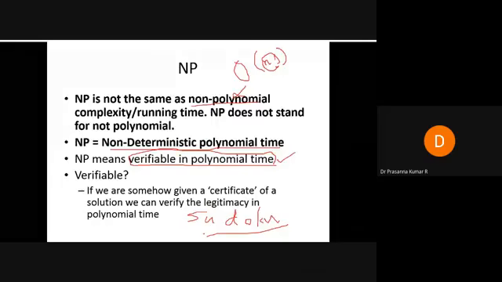So let's consider this Sudoku example. If you want to solve this entire puzzle, the algorithm would have to check a minimum of a 3 by 3 matrix, maybe 9 cells at minimum. We have to check whether numbers are missing.